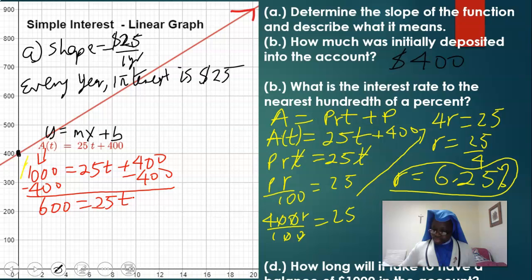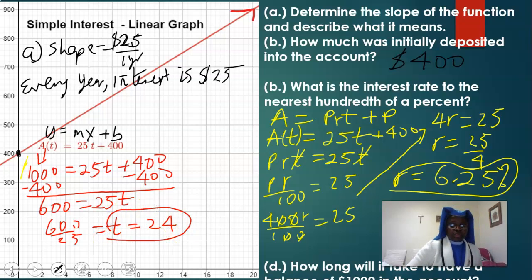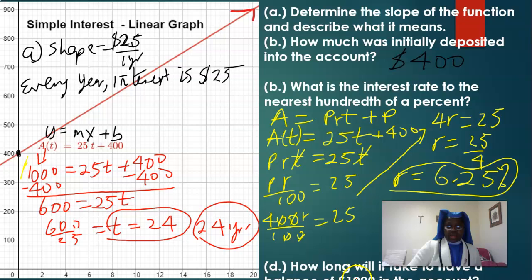And we can divide 600 by 25, which is 24. So it's going to take 24 years to have a total of 1,000 in the account. Good problem.